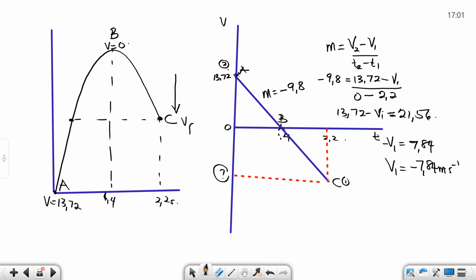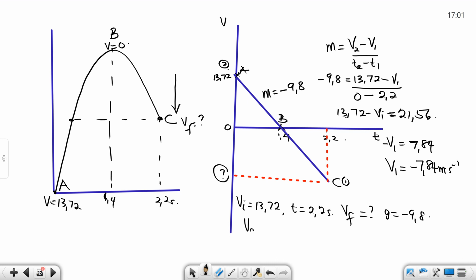Do we know the final velocity there? No. Right? But do we know our initial? Let's make a list of what we have. VI equals 13,72. Our time frame is 2,2 seconds. Okay, what else? We're looking for VF. And we know our G as negative 9,8.